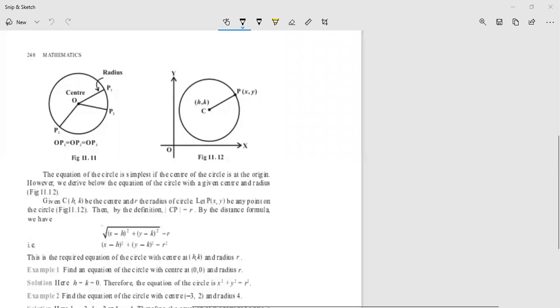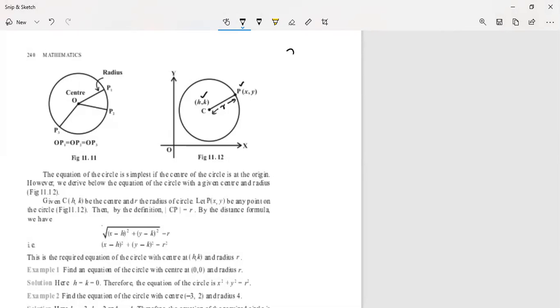So with the x-axis and y-axis, this is a circle, and its center C has coordinates (h, k), and any point on the circle is P. To find the equation of this circle, the radius is the distance between these two points, so you can use the distance formula.